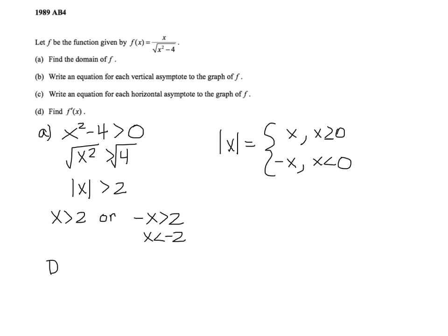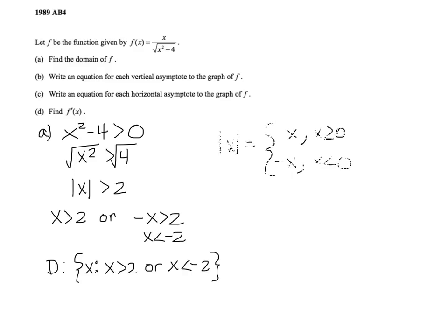So our domain then is the set of all numbers x such that x is greater than 2 or x is less than negative 2. So there's your domain. And the good news is on domain you don't have to write it using that notation. It's entirely up to you if you want to use that notation. So there's that first part.